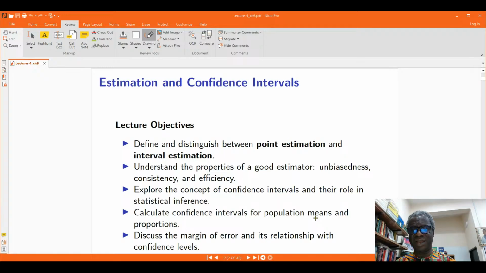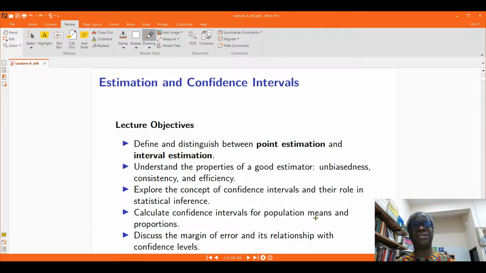Remember, I said previously that unknown population quantities are referred to as parameters. And if they are not known, they can be estimated.